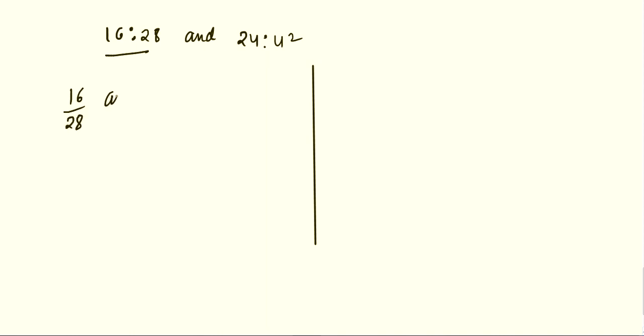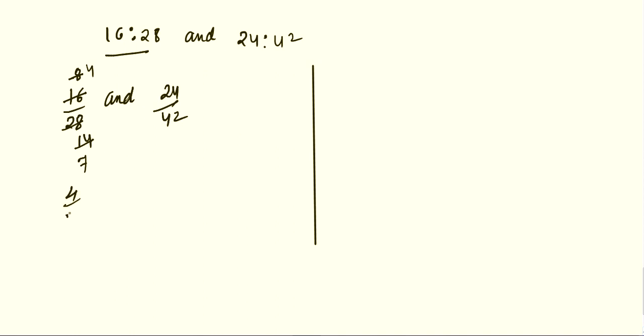16 is to 28 and 24 is to 42. So again two methods you are having. The first one, 16 is to 28, can be written as 16 by 28 and 24 by 42. So 2 8s are 16, 2 14s are 28, 2 4s are 8, 2 7s are 14.